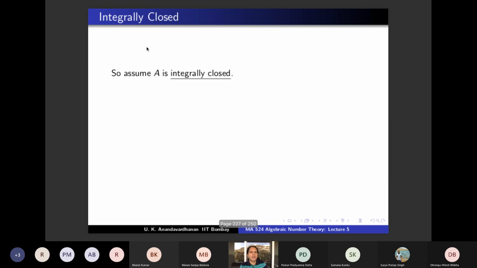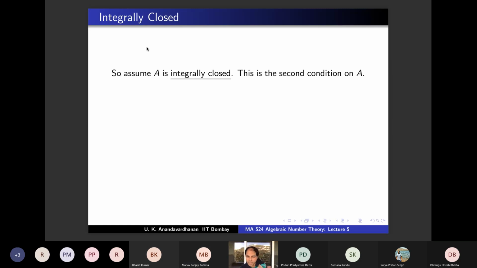So that's the title of this slide. Assume A is integrally closed. This is the second condition on A. What was the first condition on A? Noetherian. So the theorem is, suppose you have a ring which is Noetherian and integrally closed.